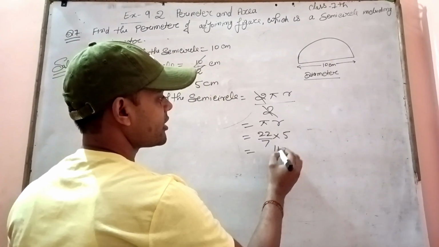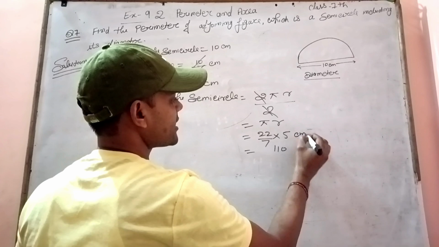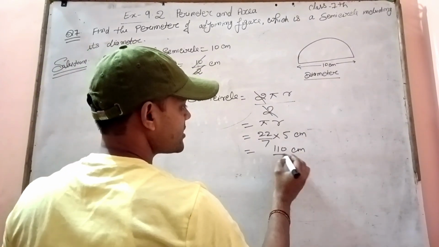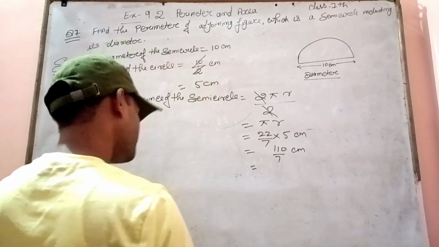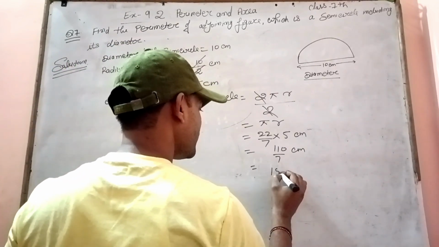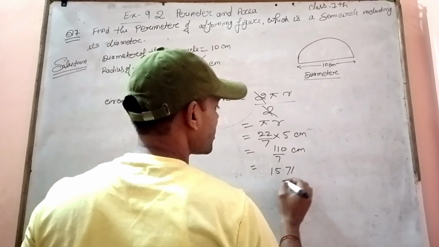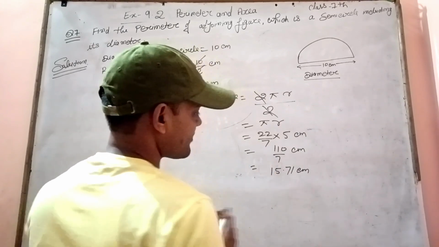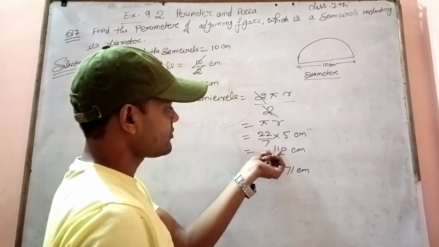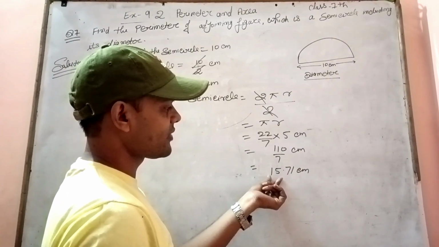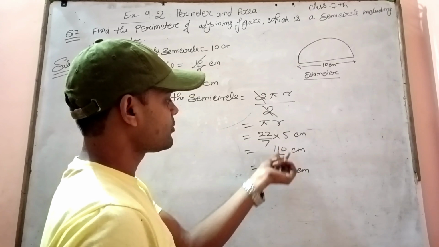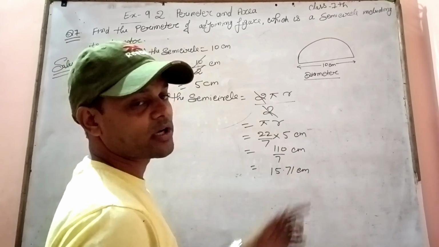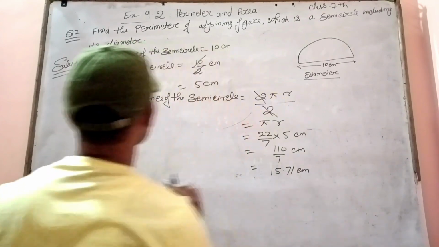This is equal to 110 by 7, unit centimeter. 7 1 is 7, 3, 4, 14, 7 5 is 35, 7 7 is 49 and 7 1 is 7, so 15.71 centimeter.